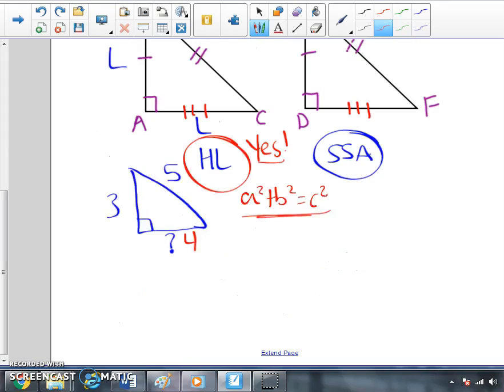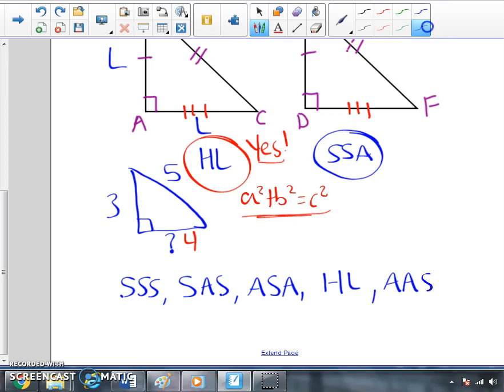So to sum up the end of this lesson, you should have gotten 5 ways to prove triangles congruent. They are side-side-side, side-angle-side, angle-side-angle, hypotenuse leg, and angle-angle-side.